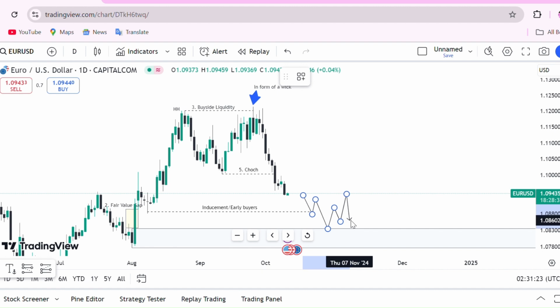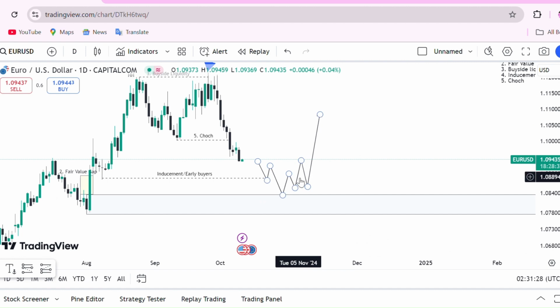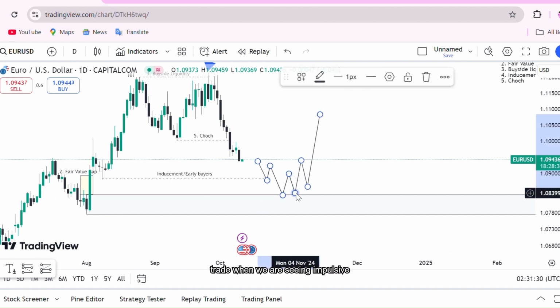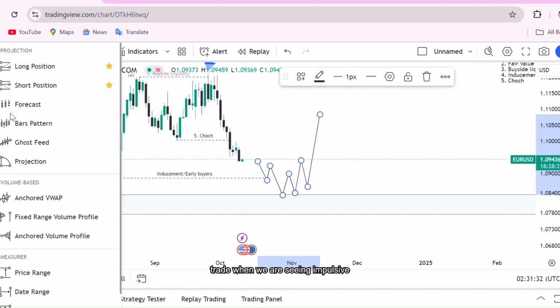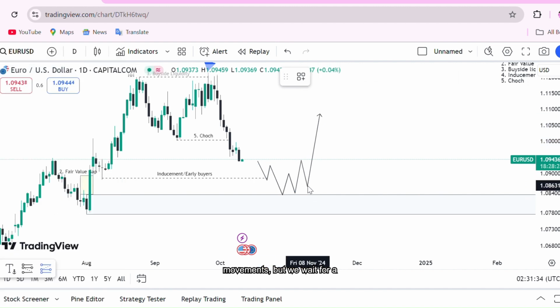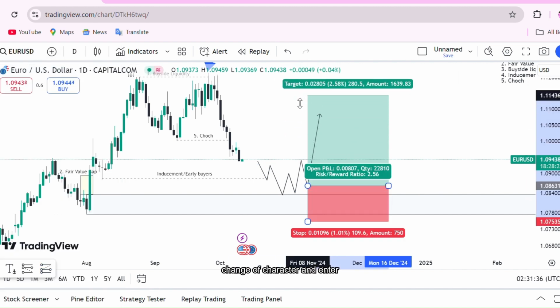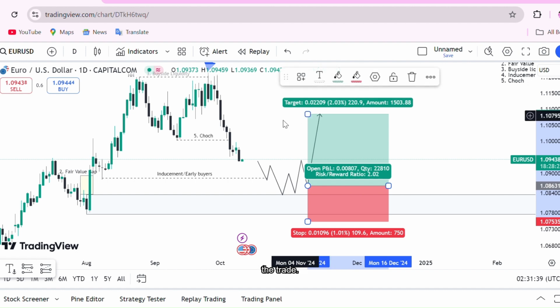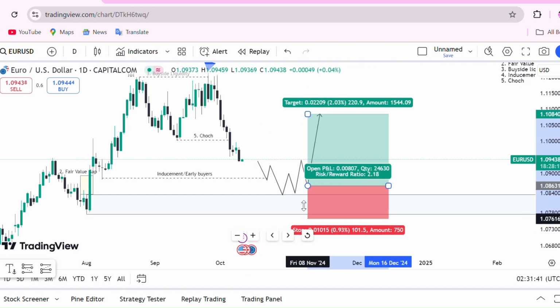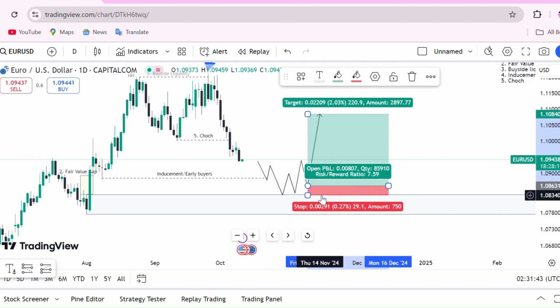Then that's where we enter, on the retracement. Remember, we don't just jump into the trade when we see impulsive movements, but we wait for a change of character and then enter the trade, right?